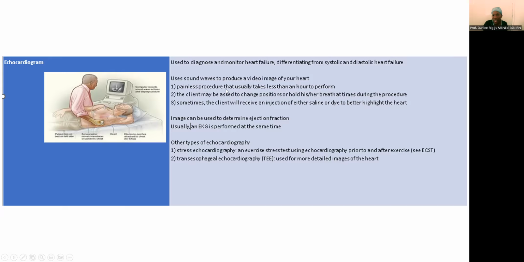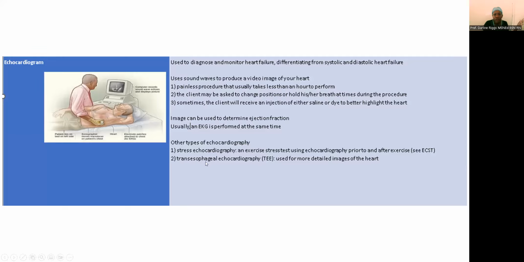And it's painless, but the client needs to be able to follow directions, maybe change position, that type of thing. But other than that, no special anything. Okay, they don't need to stop any medications, NPO, nothing like that. If the physician uses a dye, then yes, check for allergies, but really no special anything.